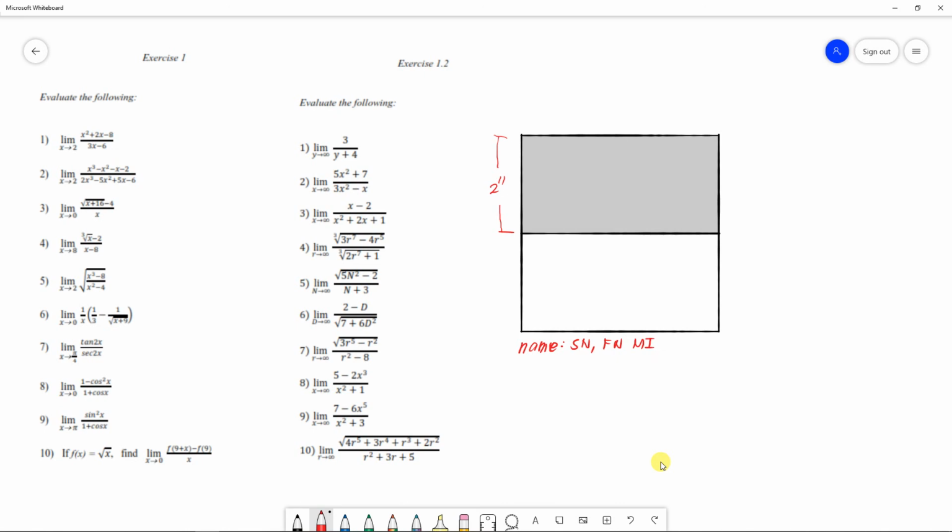Okay, next is course, year, and section. Tapos subject, tapos date, tapos assignment number. Kung siya ay 1, since this is assignment number 1, write 1. Ilalagay nyo lahat ito dito sa loob.